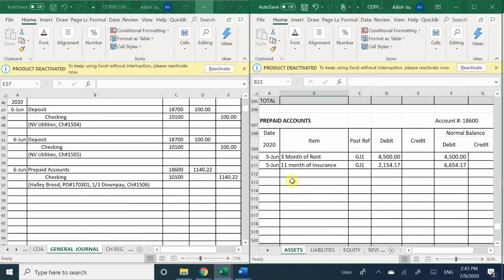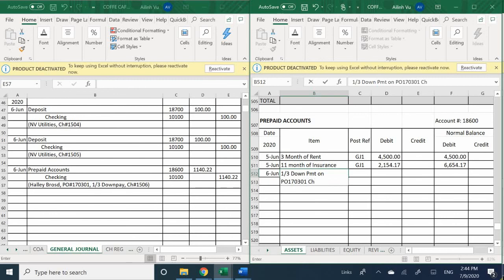Prepaid accounts. Okay, so here I'm going to indicate the date. And for my item, I'm going to go ahead and say 1/3 down payment. Or actually, I'll just do PMT on PO 170301. Okay?